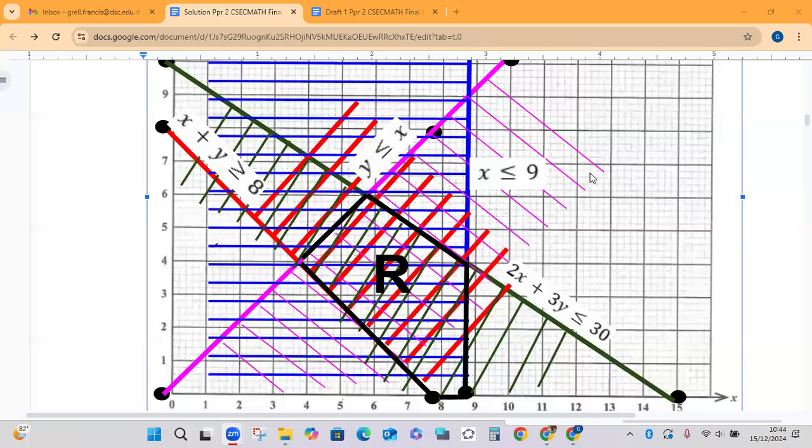Actually, it is more than a 4-sided figure. It's a 5-sided figure: 1, 2, 3, 4, 5. The x-axis forms part of the side. That's where all the 4 regions converge, labeled as R, as instructed by the question.